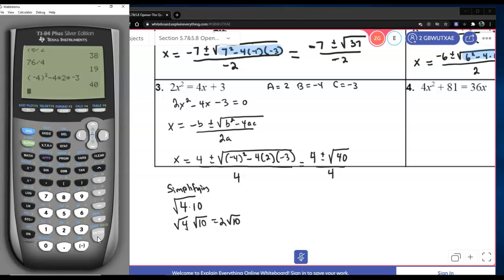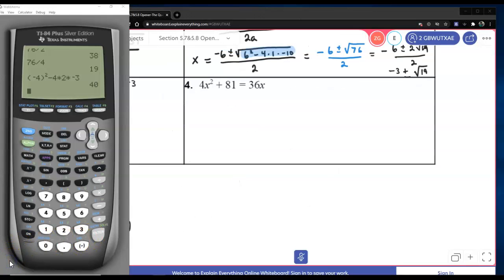In this case, it's 4. That's a perfect number, so the square root of 4 is 2. So what you have here is 4 plus or minus 2 square root of 10, divided by 4. So it's 1 plus or minus 1/2 square root of 10. And square root of 10 doesn't have a perfect number that you can simplify with. So that's going to be our answer.